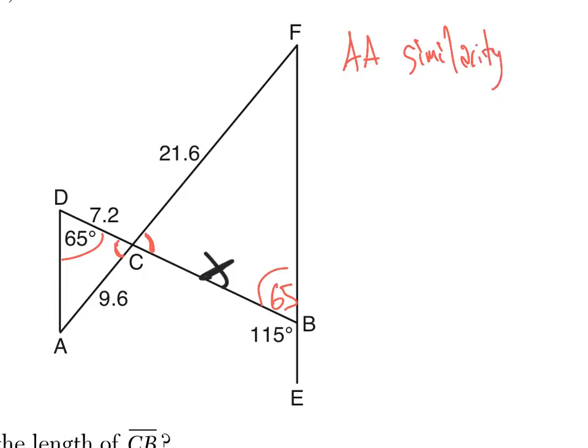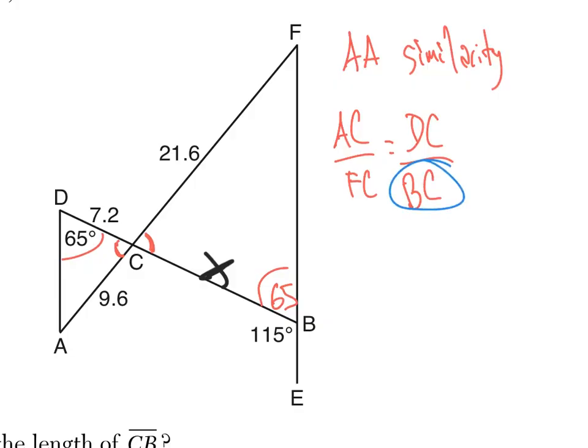This is great. So now what we're going to need to do is set up this proportion, and I know that AC over FC equals DC over BC. And again, this is what we're trying to figure out right here. So now let's plug in the numbers and the variables, and we'll see if we can solve for x.